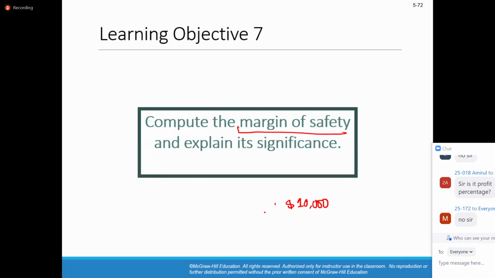Now, your target sales is to achieve this amount, or you expect your sales amount to be bigger, to exceed the $10,000. What do you expect?